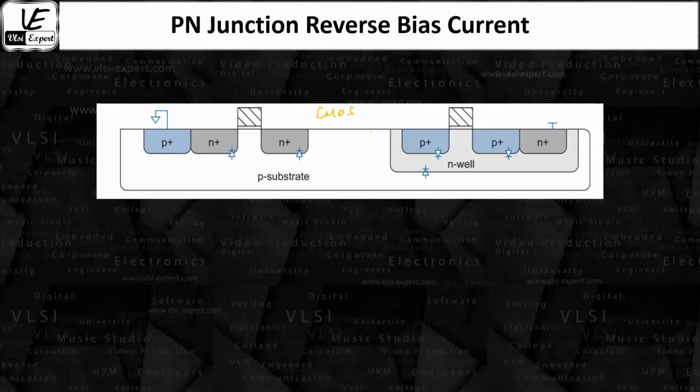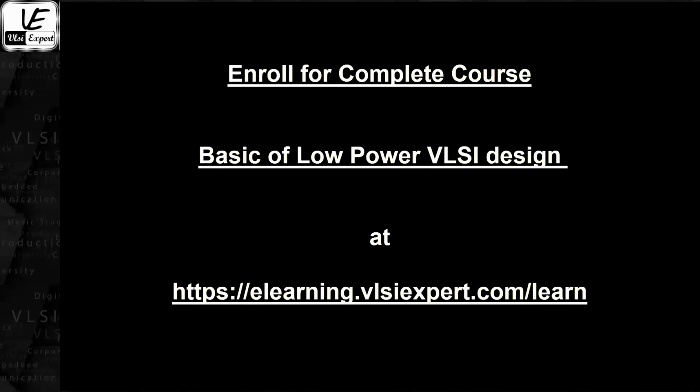As we can see, this is a CMOS structure. In CMOS, we have the PMOS and the NMOS. It is a combined, or complementary, MOS structure in which both types of MOS transistors, that is PMOS and NMOS, are fabricated together. So here the P substrate will form a diode over here, and this P substrate will form a diode over here.